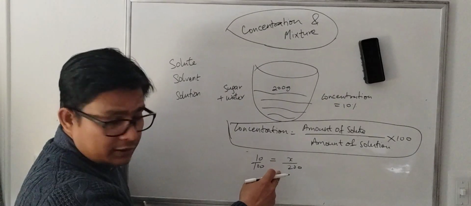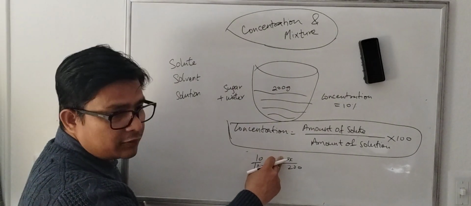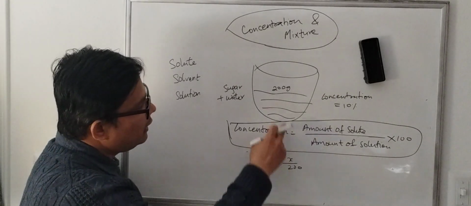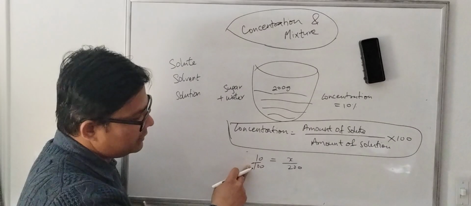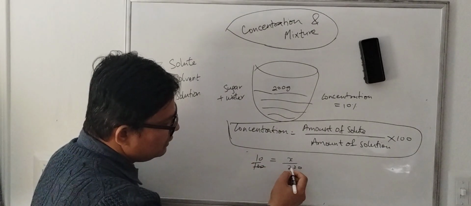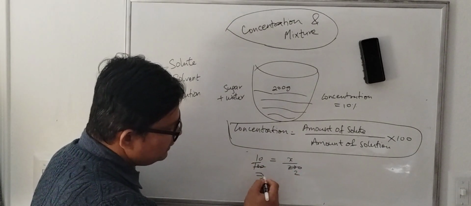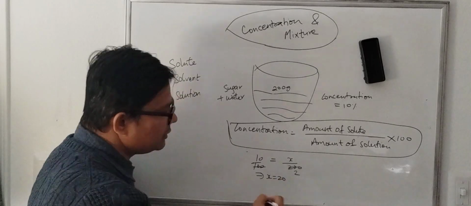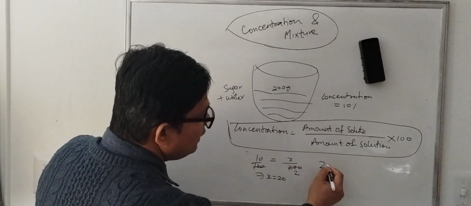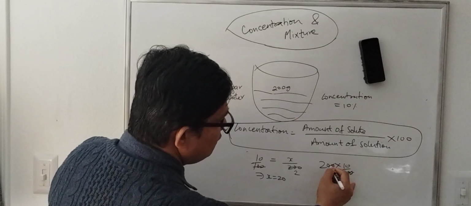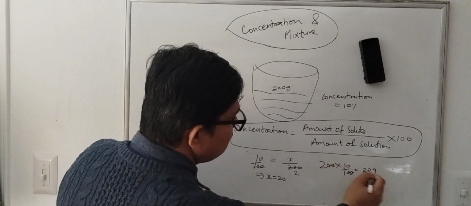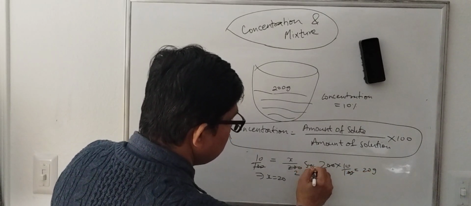X is the amount of sugar that we don't know, divided by the amount of solution 200, which is equal to 10%. So this is cancelled, this is 2, which means X is 20. Or simply, you can do 200 times 10%, which is 20 gram of sugar. So this is your sugar.